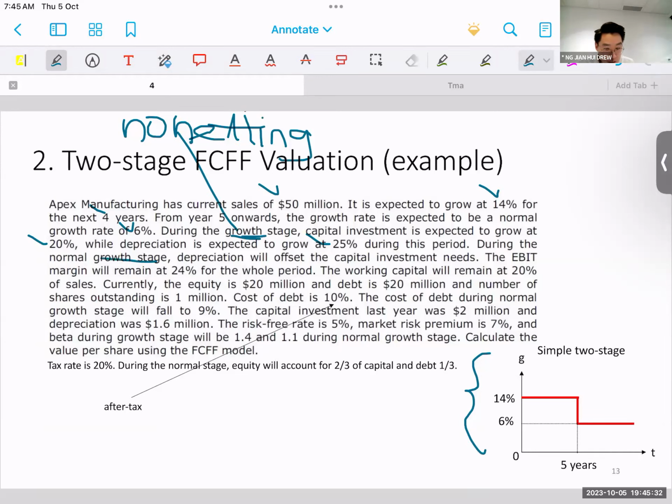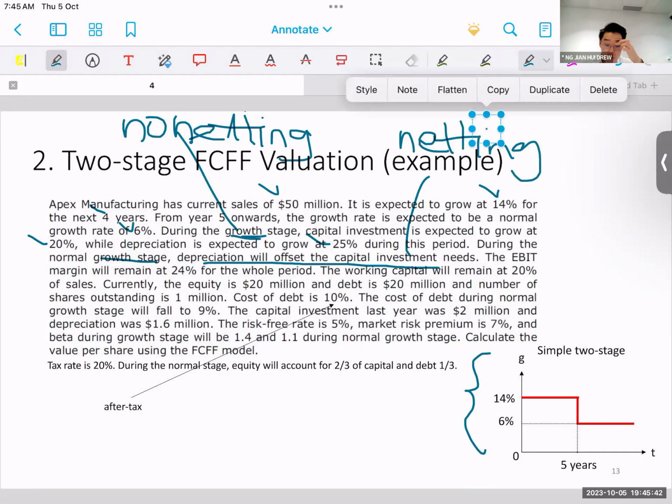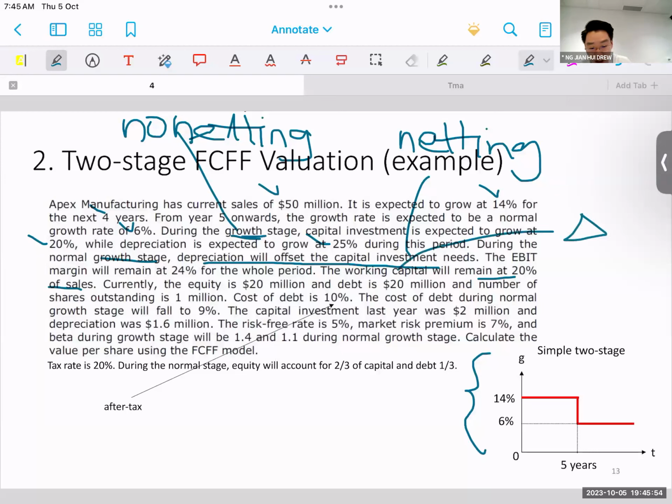During the normal stage, depreciation offsets the capital investment needs. Okay, so netting happens in the normal stage. EBIT margin remains at 24%, that's fine. Working capital remains at 20% of sales. Recall that we always want change in working capital, right? So we need to calculate change, not just working capital.